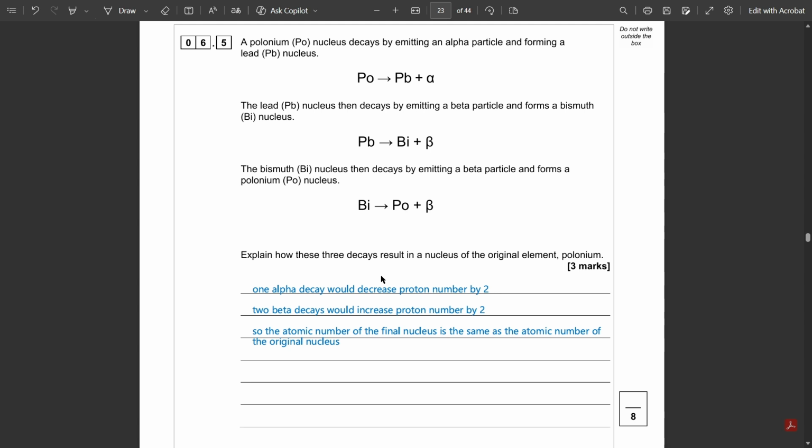Explain how these 3 decays would result in the nucleus of the original element. Well, that's because 1 alpha decay would decrease the proton number by 2, and then 2 beta decays would also increase the proton number by 2. So the atomic number of the final nucleus is the same as the atomic number of the original nucleus.